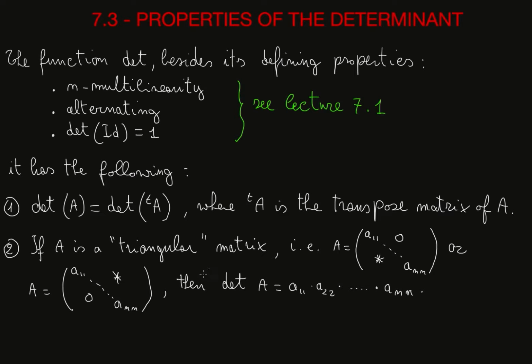In either of these cases, the determinant of A will be the product of the coefficients on the main diagonal. So the determinant of A will be a11 times a22 times so on times ann.